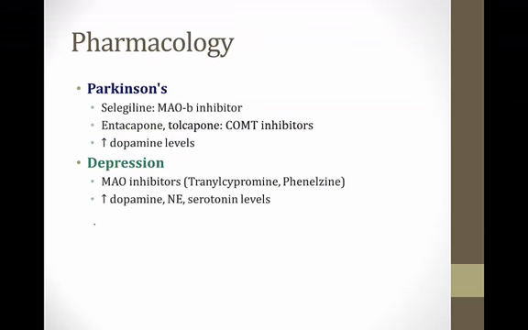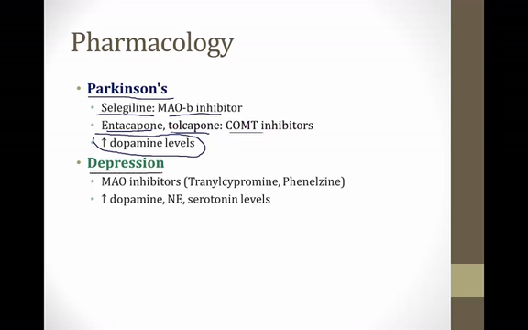There's some pharmacology that involves the MAO and COMT enzymes. In Parkinson's disease, there is a drug called selegiline, which is an MAO-B inhibitor. There are also two Parkinson drugs called entacapone and tolcapone, which are COMT inhibitors. And all three of these drugs are administered to patients with Parkinson's disease to blunt dopamine breakdown and raise dopamine levels in the basal ganglia of patients with Parkinson's.